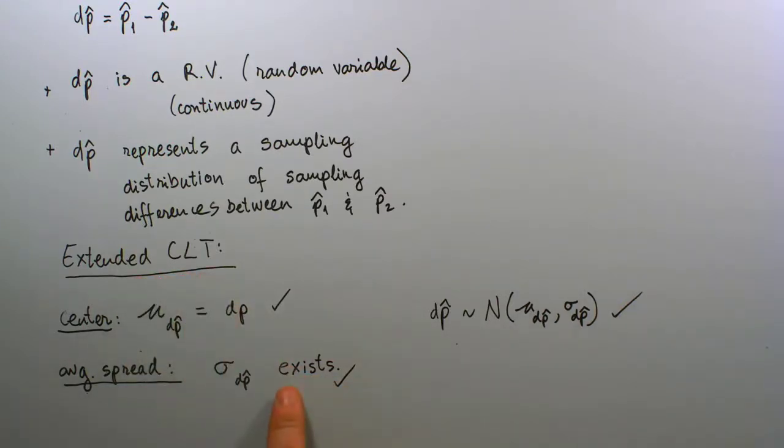Again, I have to mention that this is not exactly the result stated in the central limit theorem. The central limit theorem actually has a more complicated version to state about the sigma dp hat value, but allow me to save that discussion for when we actually get into the formal calculation work.